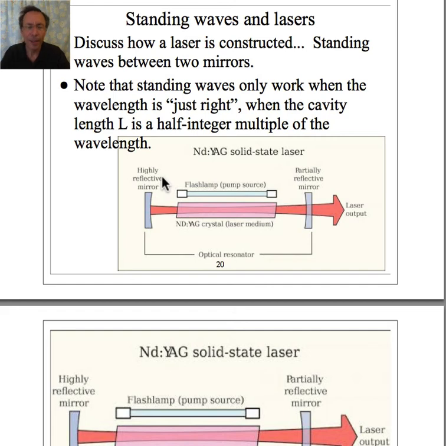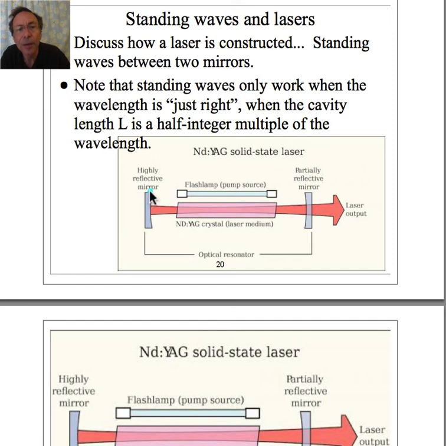The last thing that I just want to mention briefly is that lasers work on the idea of waves resonating in a cavity. So the laser cavity consists of two mirrors. This is a diagram of a laser.